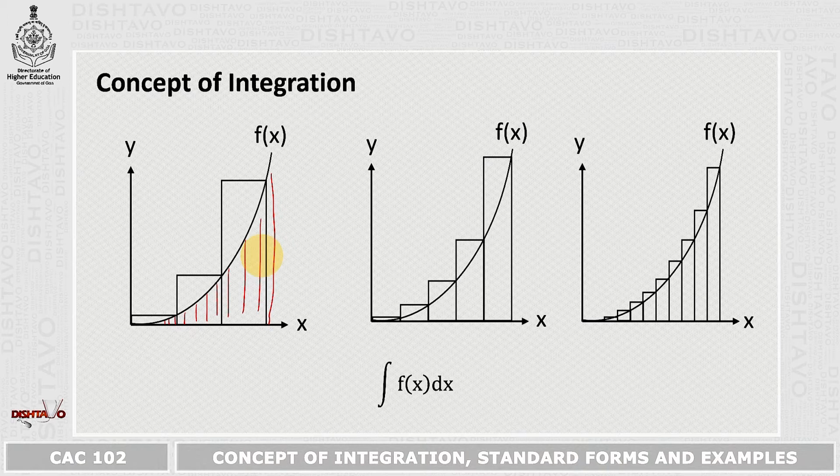So I'm taking the second case wherein I have reduced the rectangles' dimension such that the extra area which I was getting is less. See, this is the extra area which we do not require in the desired area. I want to find the area under the curve.